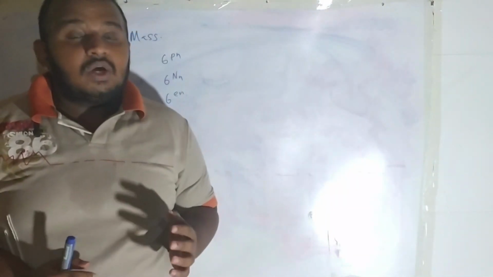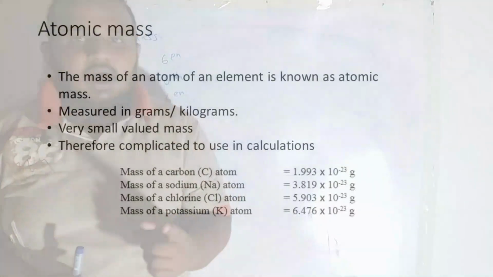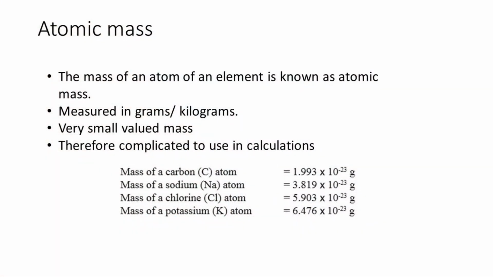If I tell you the atomic mass of carbon, the answer will be 1.993 into 10 to the power of minus 23 gram.